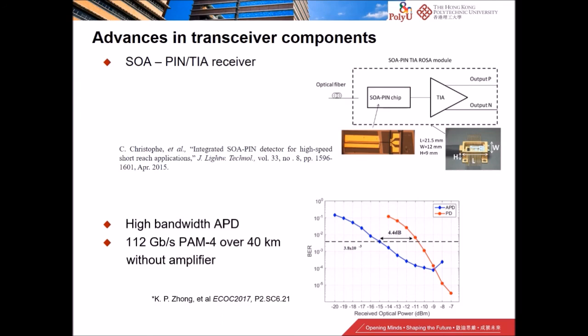They have a new APD with 3 dB bandwidth of about 25 gigahertz, and so we were able to perform a transmission experiment of 112 gig PAM4 transmissions over 40 kilometers of single mode fiber without amplifiers. This is a good record to show that even without amplifiers, you can actually support 40 kilometers of transmissions.